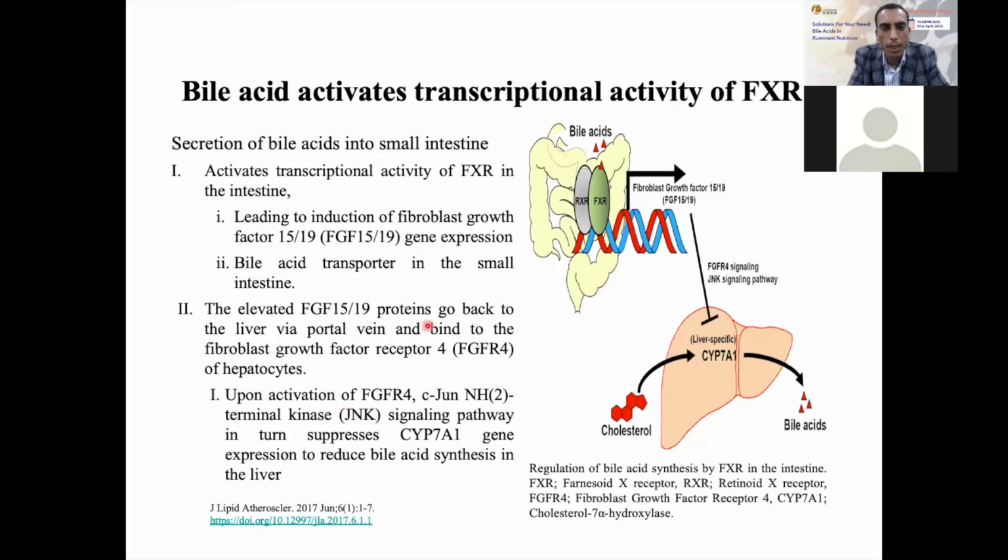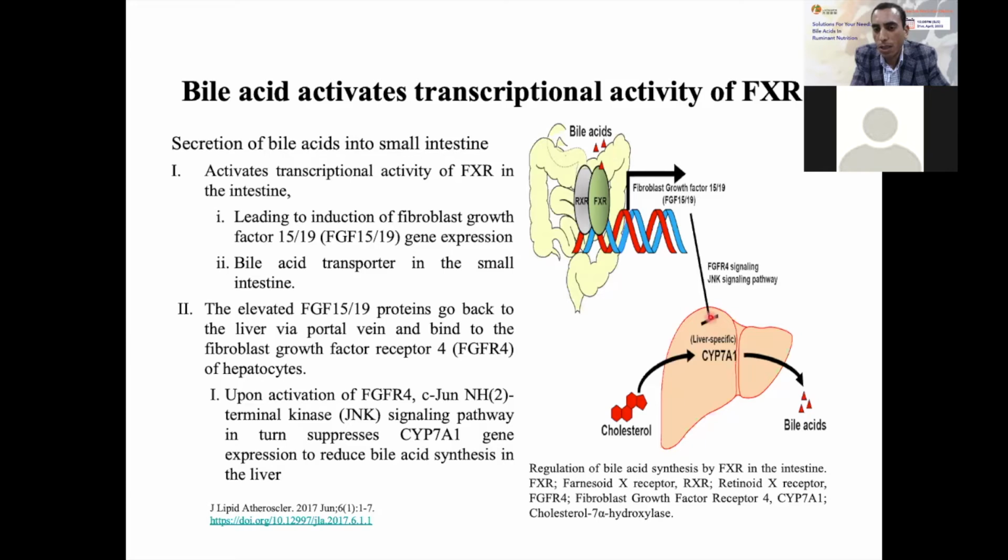How? When bile acid is secreted in the small intestine, it activates FXR. Activation of FXR induces fibroblast growth factor 15/19. After activation, the elevated fibroblast growth factor reaches the hepatocyte in the liver.